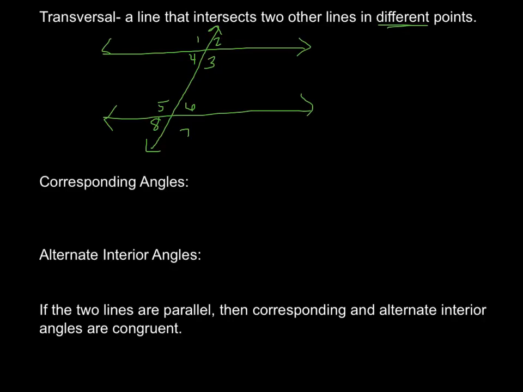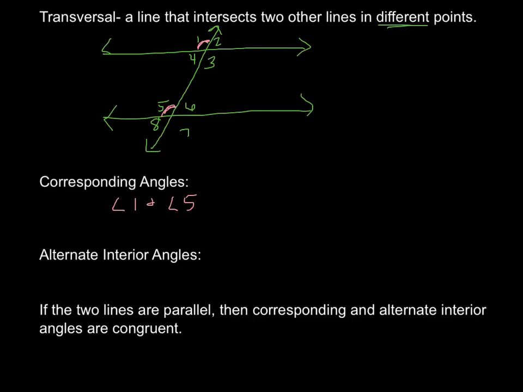Okay, so here we have corresponding angles. Angle 1 and angle 5, those two are corresponding angles. They are at the same spot, but they are on different lines.